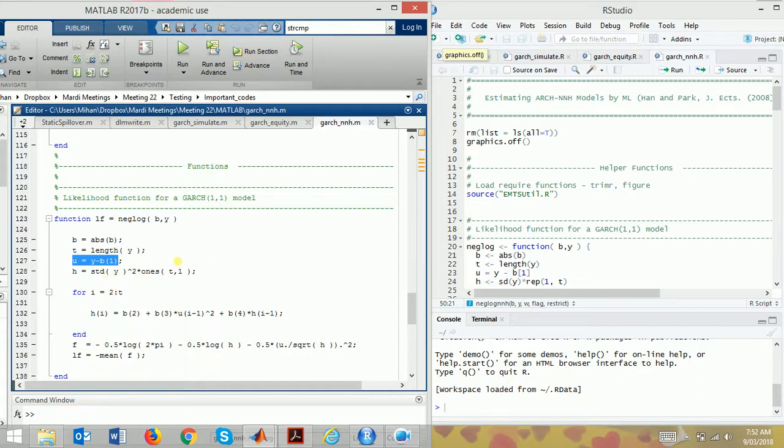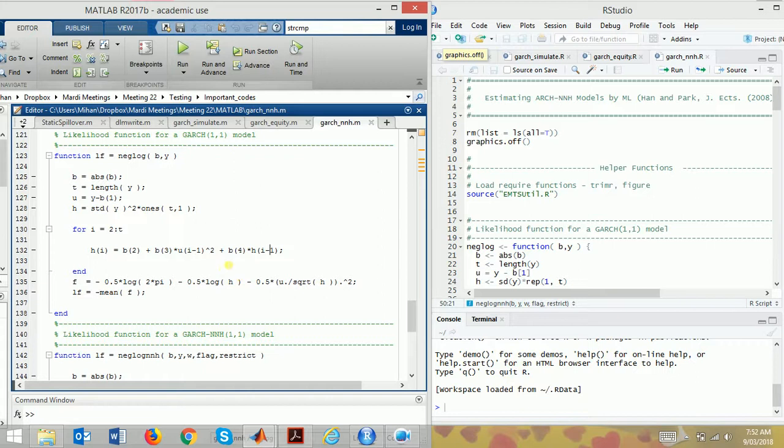Exactly, that's what we are doing, right? So that is it. And then obviously, just like before, we have estimated our variance sigma square, which is y minus beta 1, and then H is our GARCH model, and then we have the regular GARCH estimation.